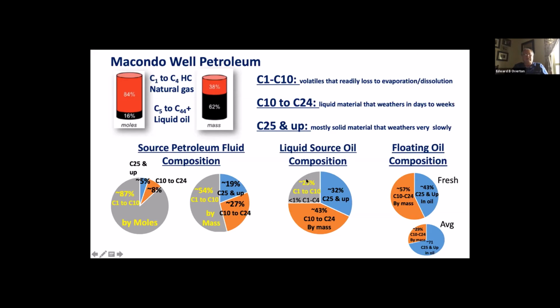So the volatile compounds, C1 to C10, went down significantly, and that means that the higher molecular weight compounds went up in proportion. And then you go over and you look at oil that was spilled, and again, the volatile compounds were lost from that liquid oil, and the higher molecular weights remain. You lose the C1 to C10 fraction quicker than you lose the C25 and up fraction.